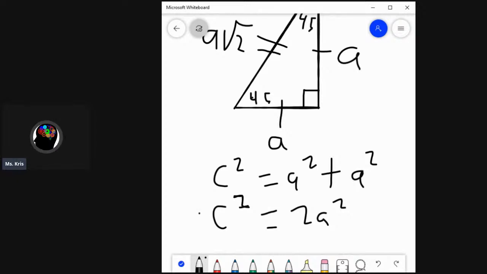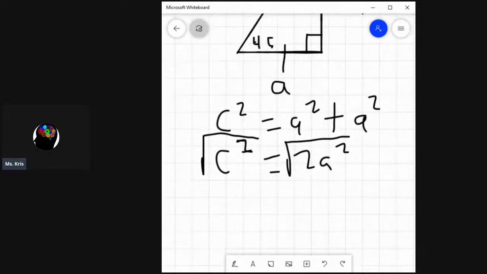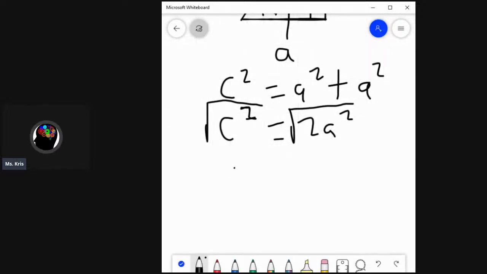Then we take the square root on both sides, which allows my c to just be c, because square root of c squared, the squares cancel, which leaves me with c. And then you have the square root of 2a squared. Now, how do we get a with the square root of 2?